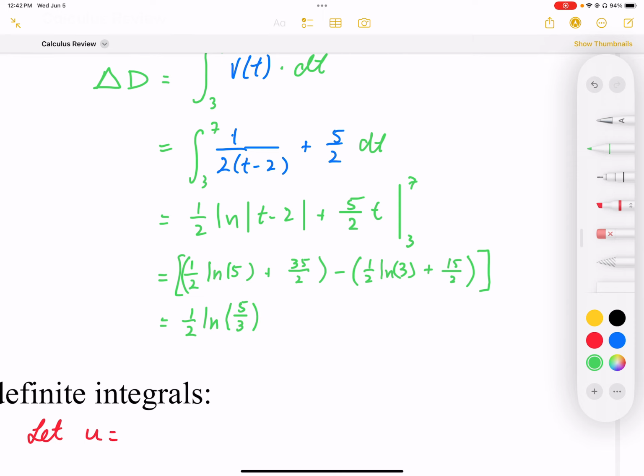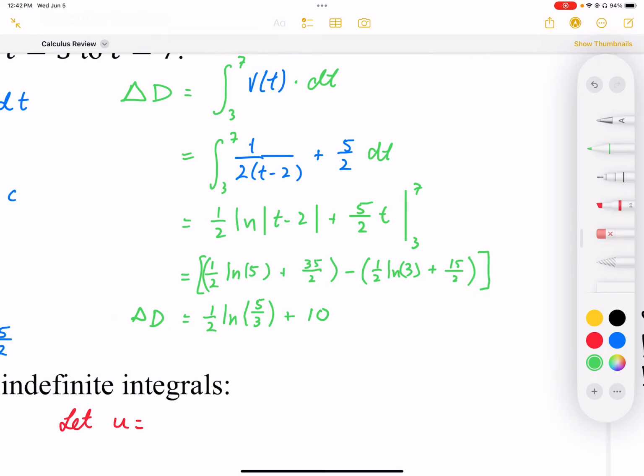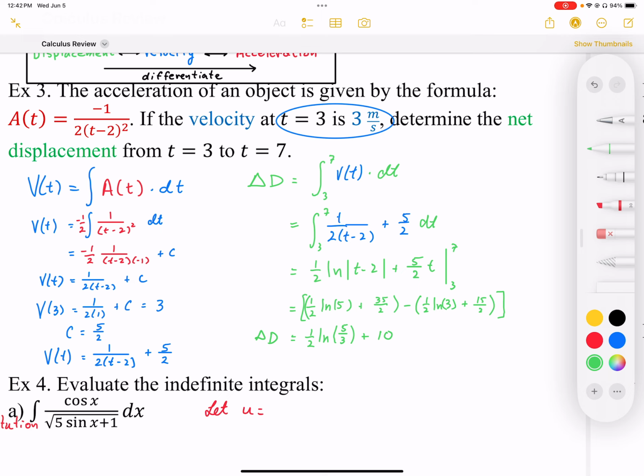And then 35 over 2 minus 15 over 2 gives me 20 over 2, or I'm just going to write that as plus 10. So plus 10, and that represents my net displacement for that function given the acceleration function that we started with here.